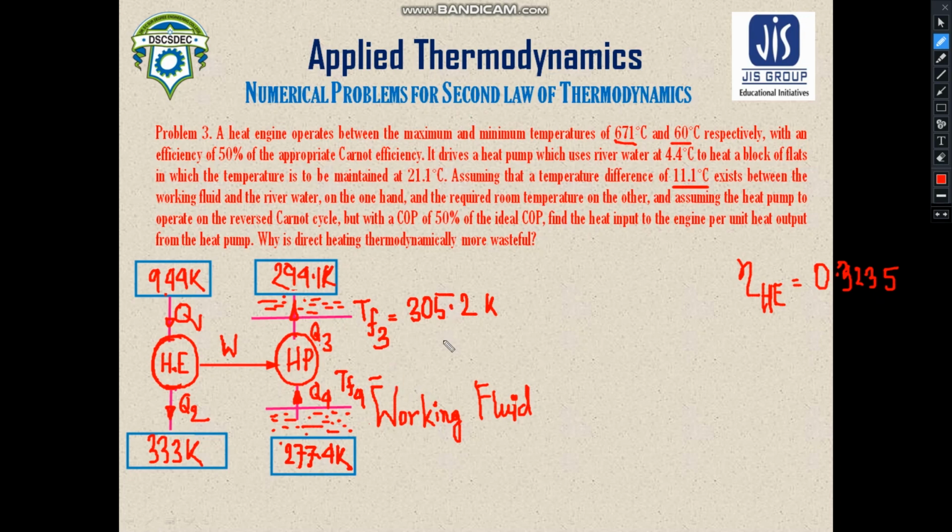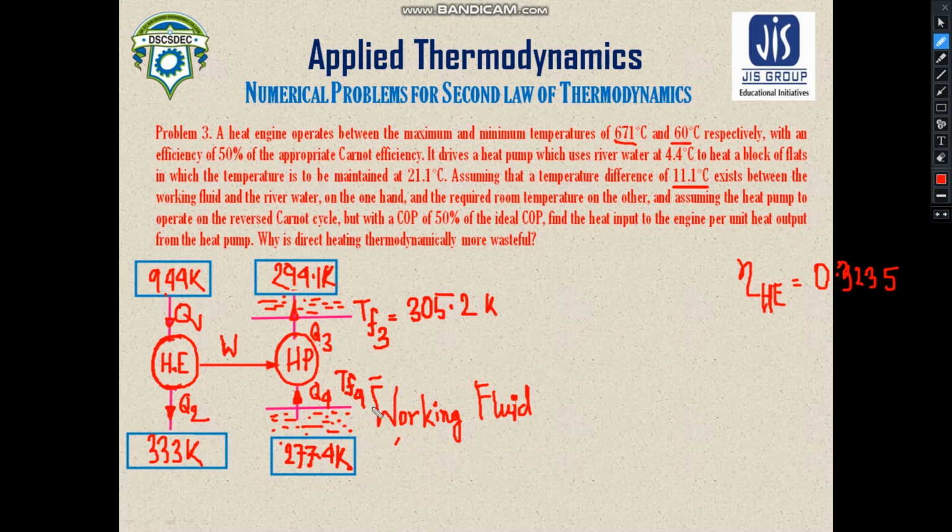The objective of the working fluid is that when it is taking heat, it will be at a low temperature, but when it is delivering heat, which is our requirement, it should be at a much higher temperature so that heat can be extracted from it, which is our specific requirement.